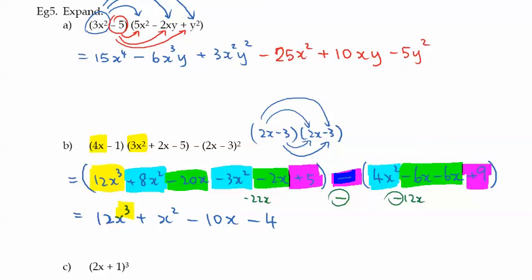So 4x times 3x squared. These two terms have the highest degree from each of them. As you multiply them, they will give us the highest degree.